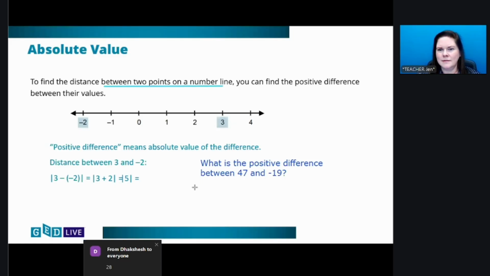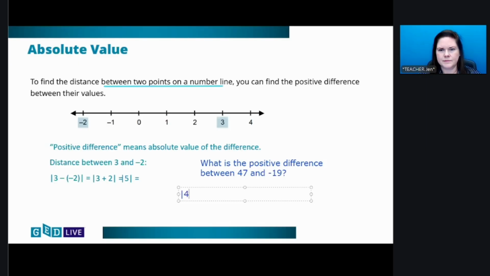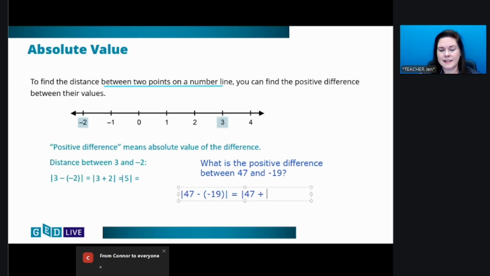So to do that, we would do the absolute value bars, and then 47 minus a -19. So let's remember that that would be 47 plus 19 inside the absolute value bars.